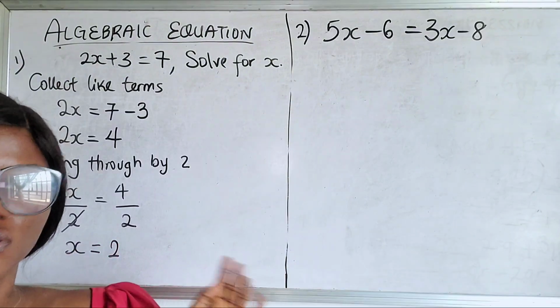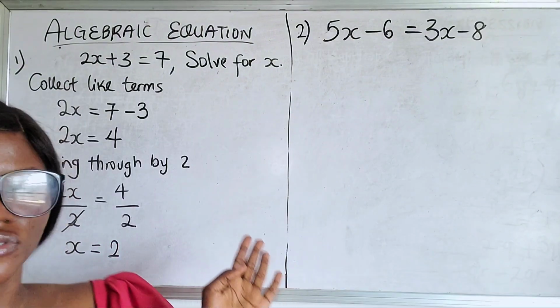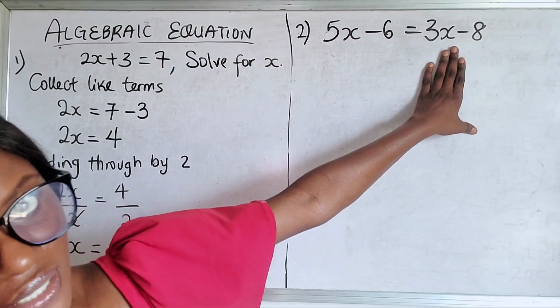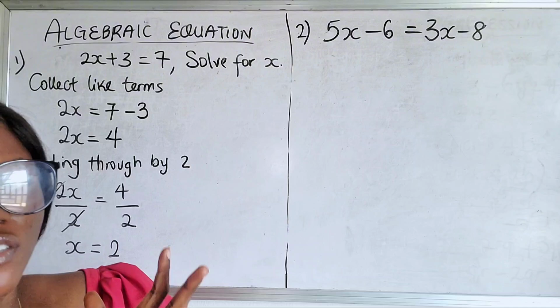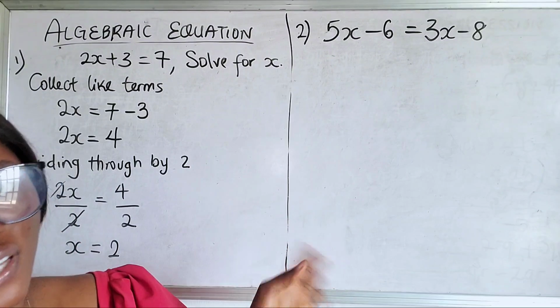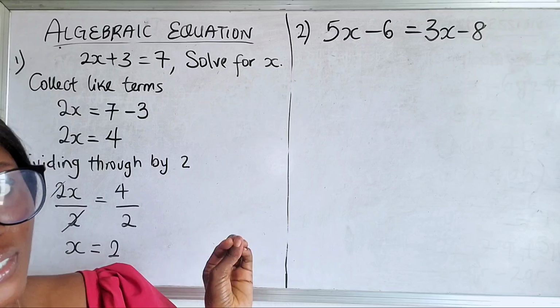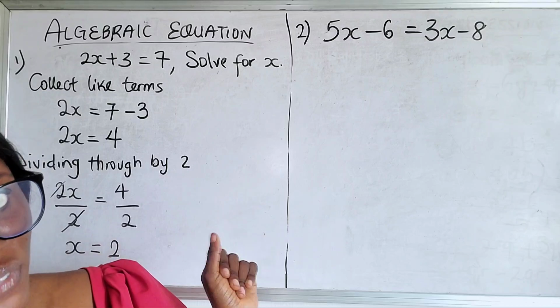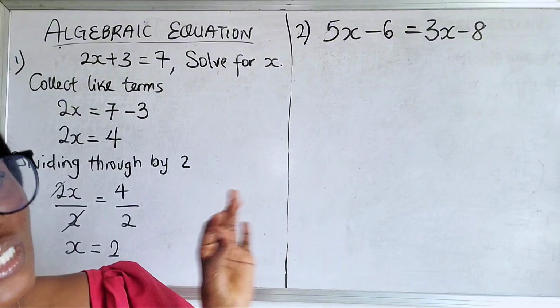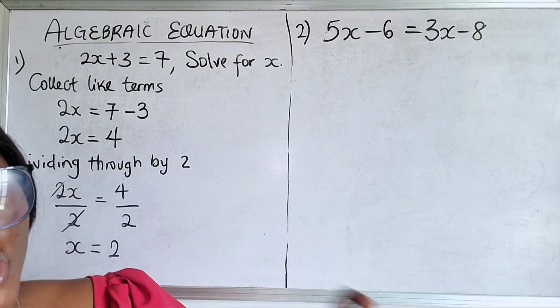This looks different from what we did in the first instance. Remember, this is your left hand side, this is your right hand side. We have two kinds of family here. One has x, the other one doesn't have x. Remember, we said the one with x is the coefficient of x, and the one without x is a constant. It's on its own and it's not changing.